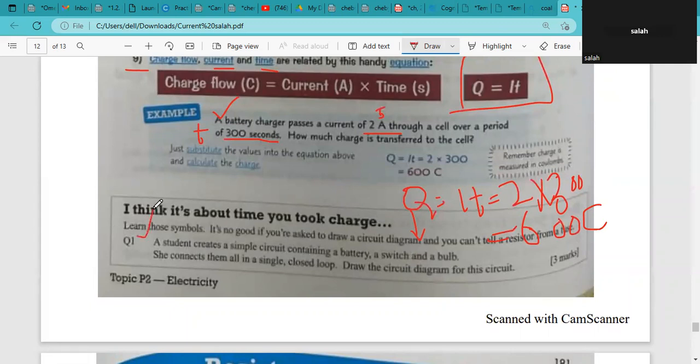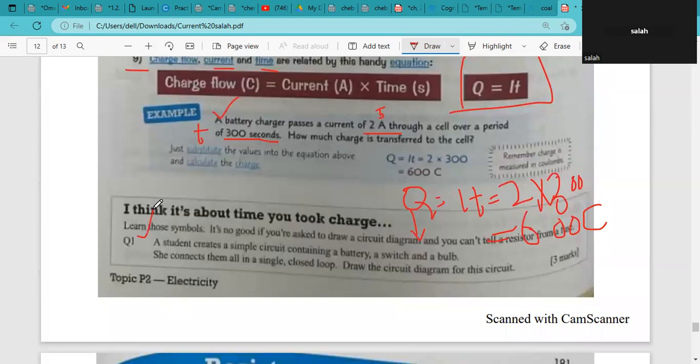A student creates a simple circuit containing a battery, a switch, and a bulb. She connects them all in a single closed loop. Draw the circuit diagram for this circuit. Do you understand, Salah?